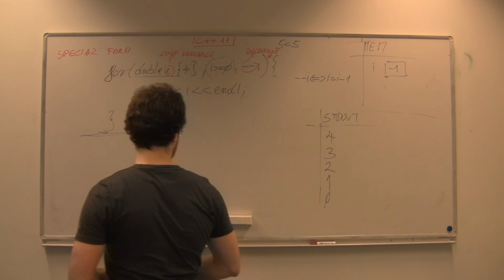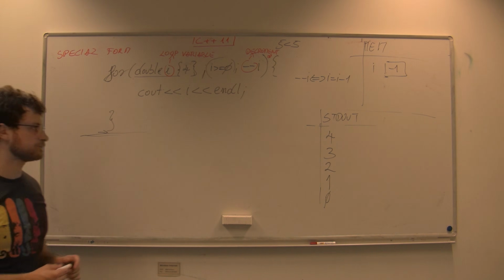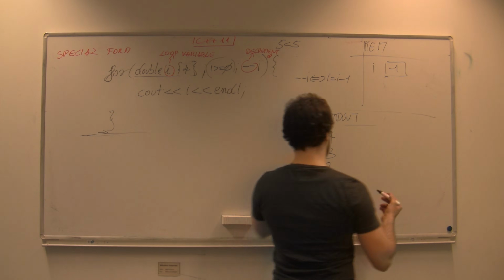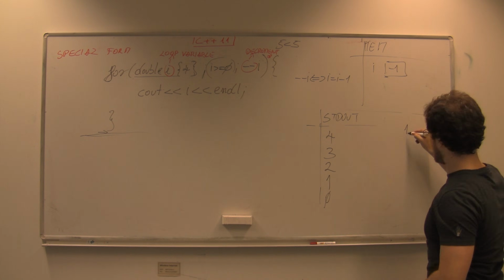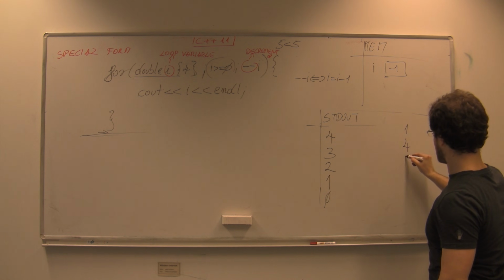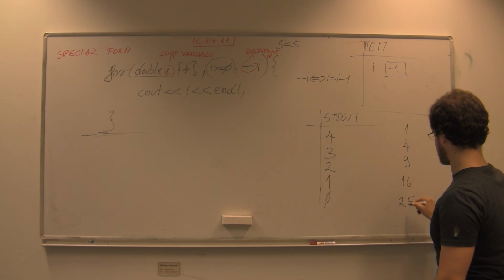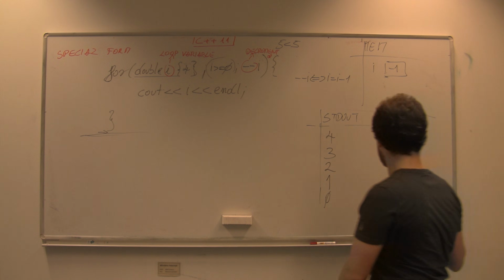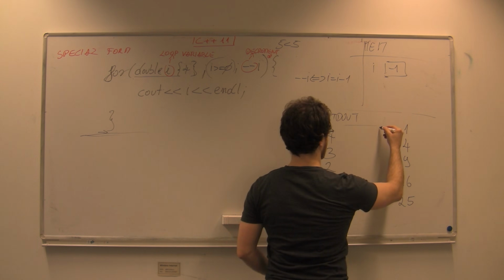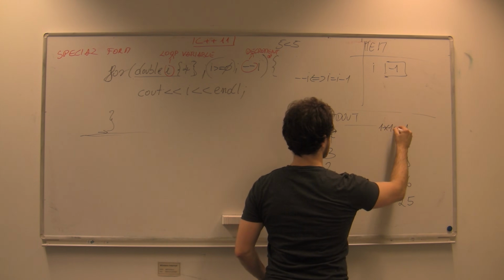How about generating the first 5 square numbers? Just to remind you, the first 5 square numbers would be 1, 4, 9, 16, and 25. The way we obtain them, as we all know, is by multiplying the number by itself.